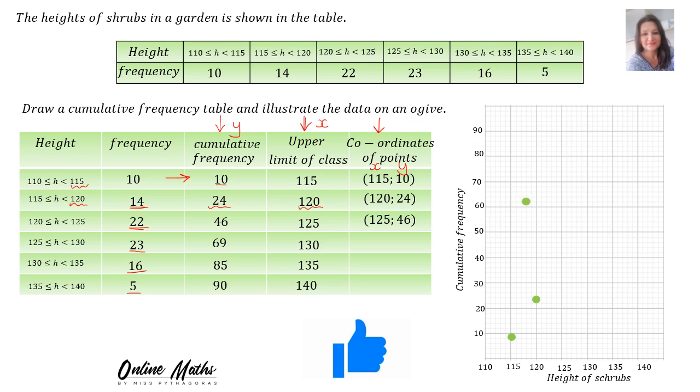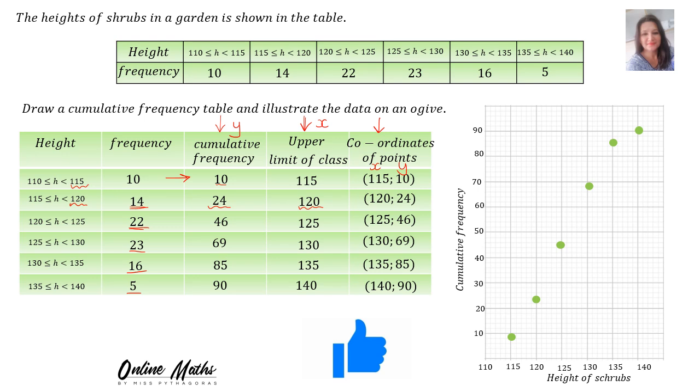The next one, upper limit 130 and cumulative frequency 69. Then 135 and 85, and the last coordinate, 140 and 90.